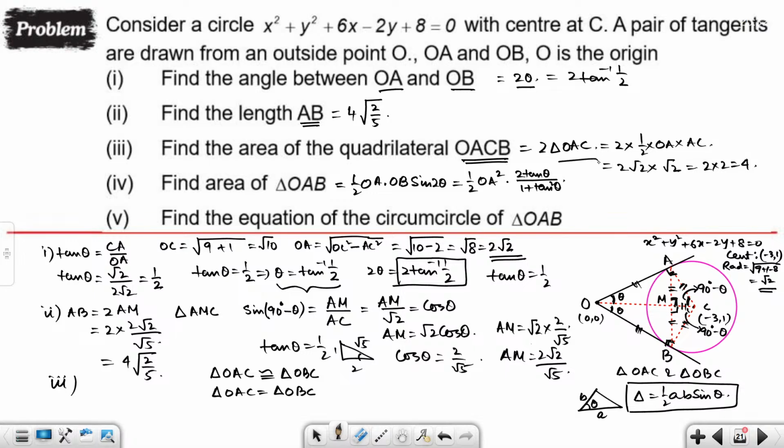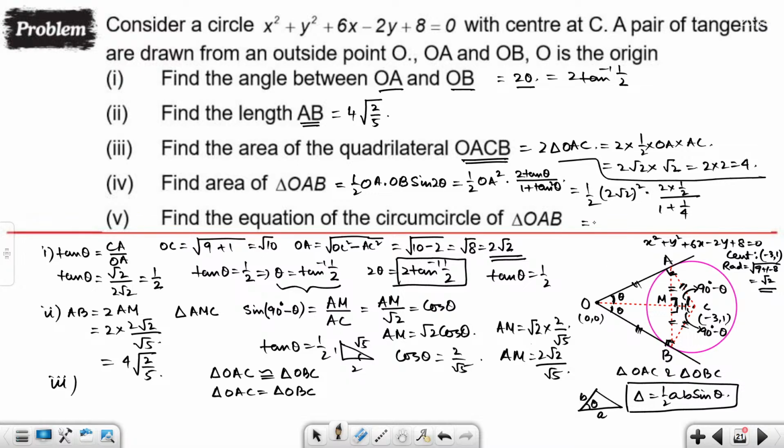So what will be the answer then? Half OA square. OA is 2 root 2, so it is half into (2 root 2) square into 2 tan theta divided by 1 plus tan square theta.